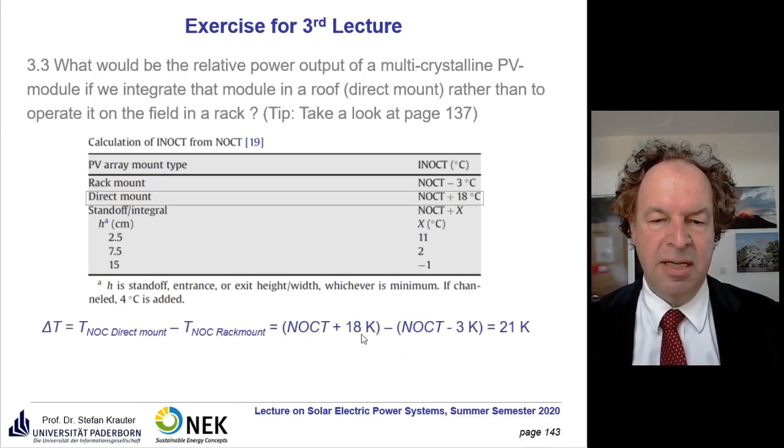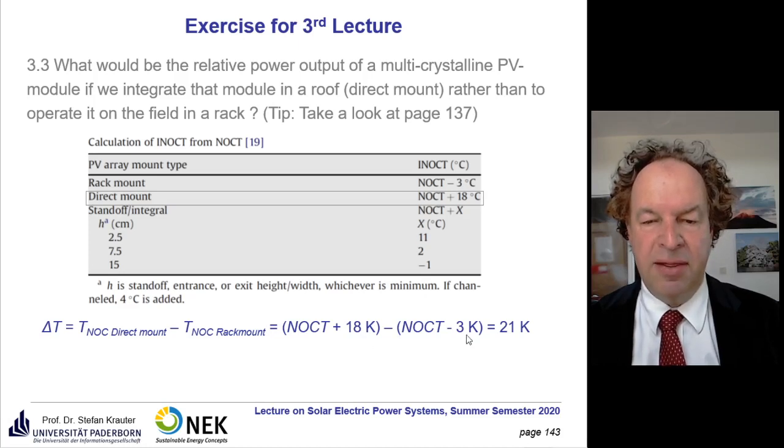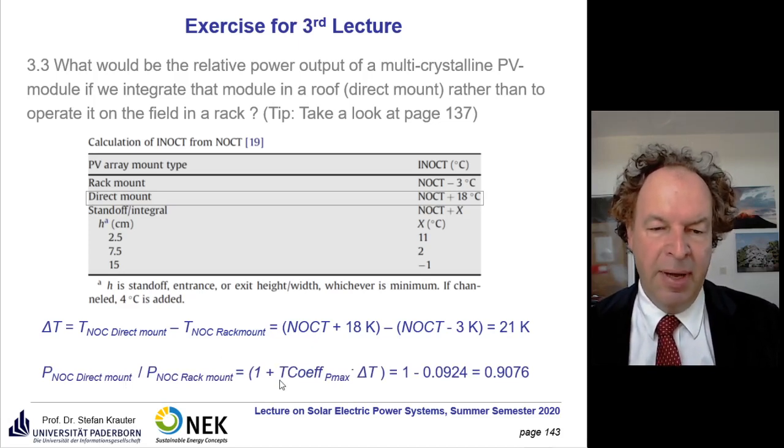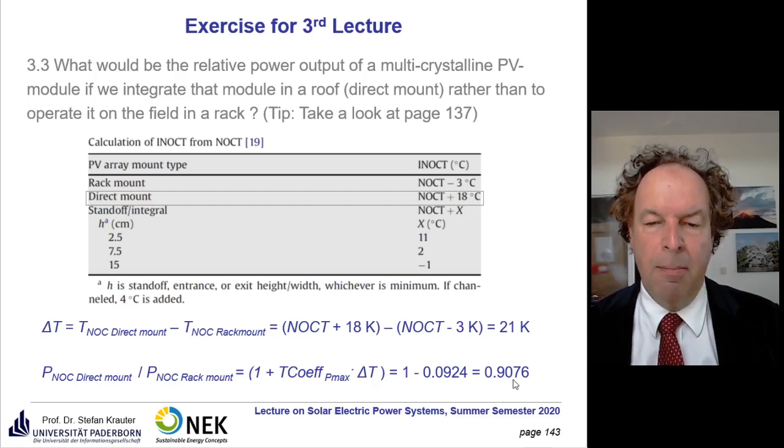So we see that the total temperature difference is 18 plus 3 Kelvin, so 21 Kelvin. And altogether, if we compare the two power values, we arrive at 90.76%. What we saw, we lose about 10% in power and energy yield if we mount our module differently.